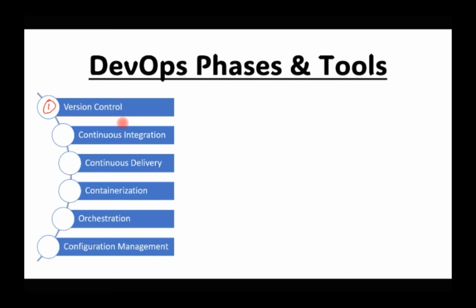So what exactly is version control and what is the most popular tool in this phase? The most popular tool in version control is Git. As you know, it's a distributed version control system which is designed for speed and efficiency. When can we use this tool? We can use it for managing source code, collaboration, and version tracking.